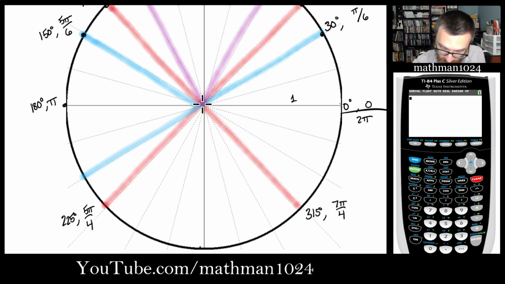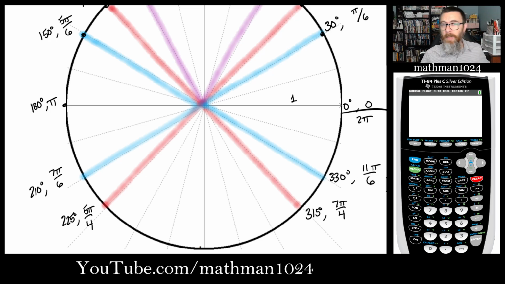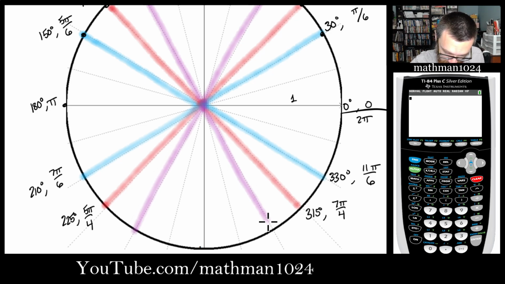So then here are the blue guys for our reference angles that are 30 degrees. So this would be 210 degrees, which is 7 pi over 6, and 330 degrees, which is 11 pi over 6. Again, 1/6 of a pi shy of being the full 2 pi. And then finally we have these guys here.